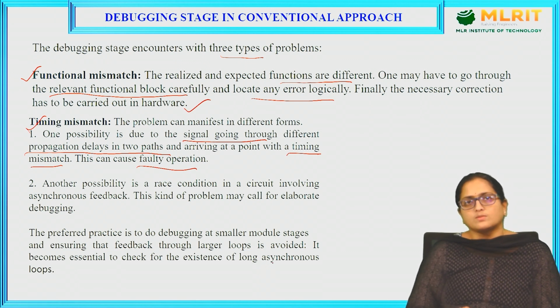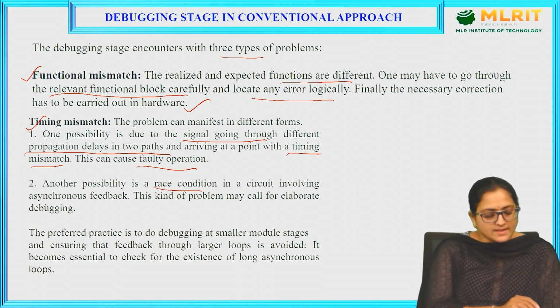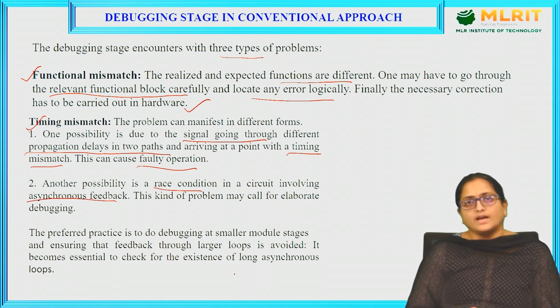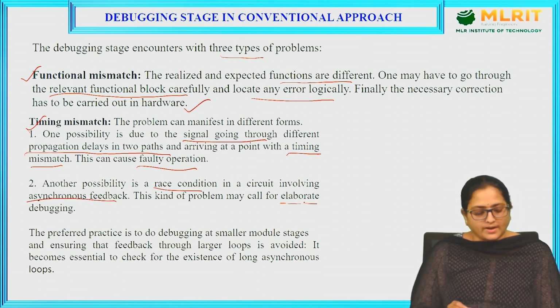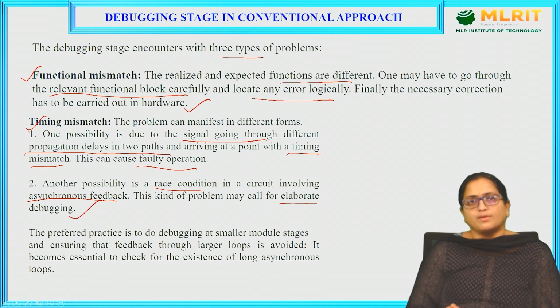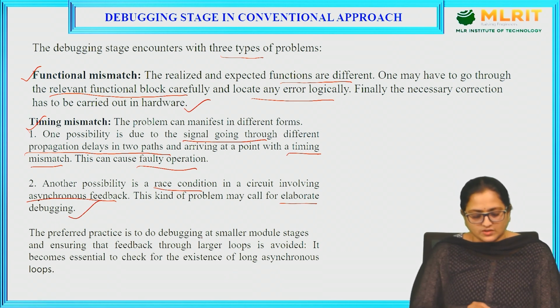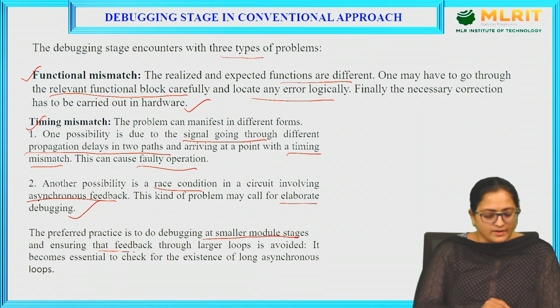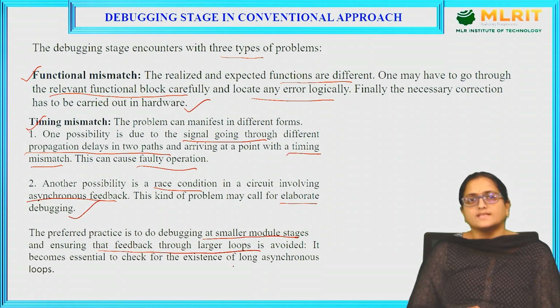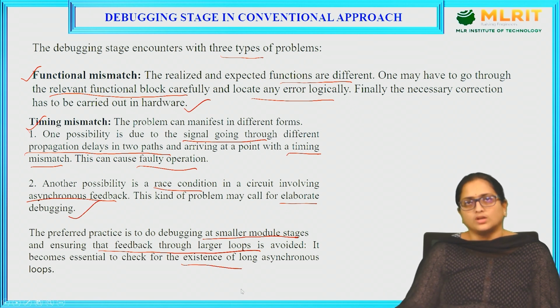Another possibility is a race condition in a circuit involving asynchronous feedback. This kind of problem can need elaborate debugging. The preferred practice is to debug at a smaller module stage and ensure feedback through a larger loop is avoided. It becomes essential to check for the existence of a long asynchronous loop.